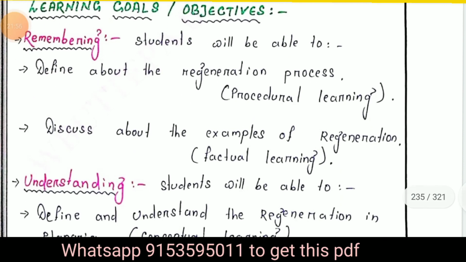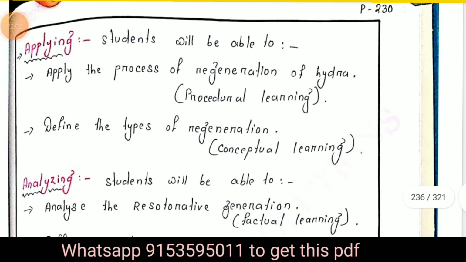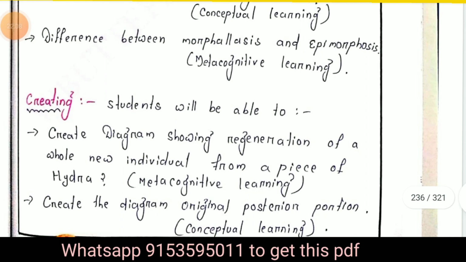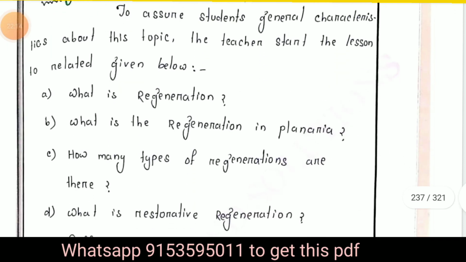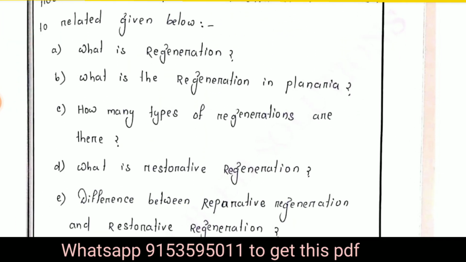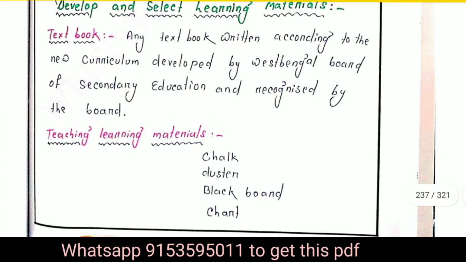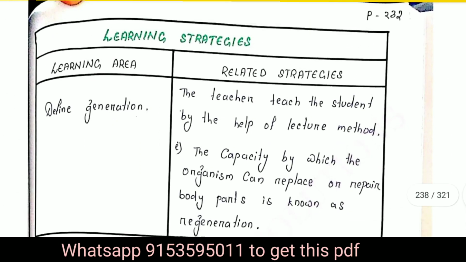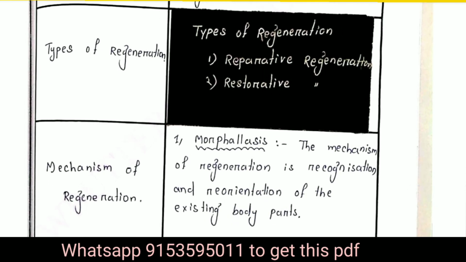Learning goals or objective: remembering, understanding, applying, analyzing, evaluating, creating. Analyze learners and concept. Here are some questions. Develop and select learning material: textbook, teaching learning materials, chalk, duster, blackboard. Learning strategies, learning area and related strategies, define regeneration, some blackboard work, mechanism of regeneration.